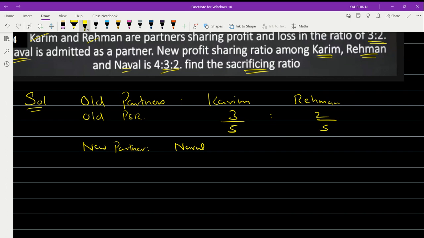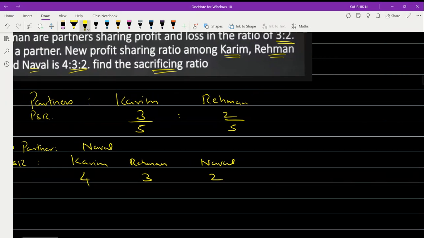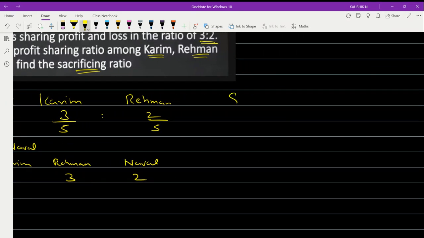And then the question gives the new PSR of these three partners, Karim, Rahman, and Naval: 4 is to 3 is to 2. Now you have to determine the sacrificing ratio.